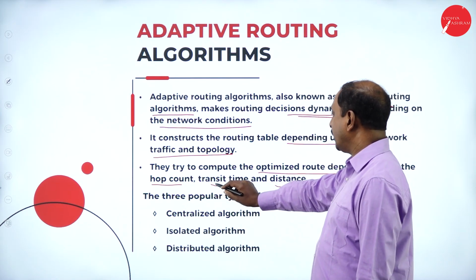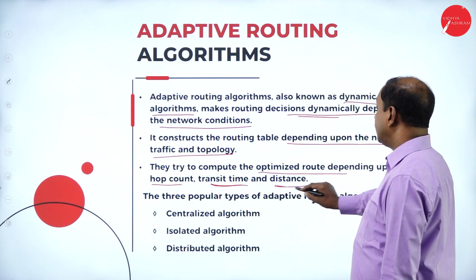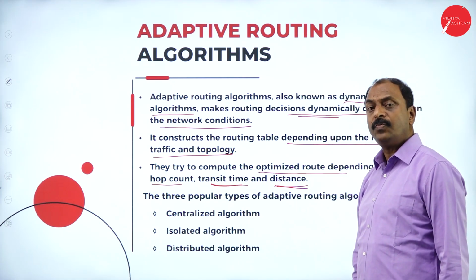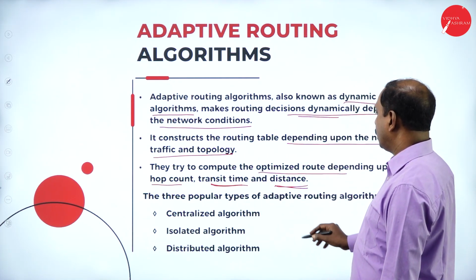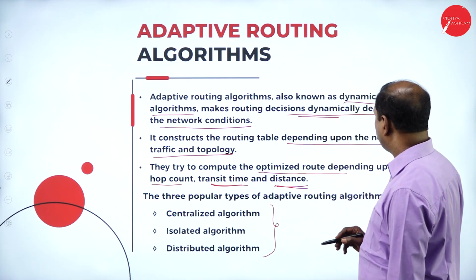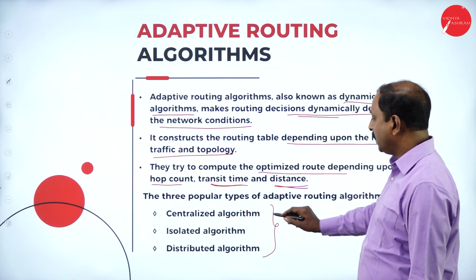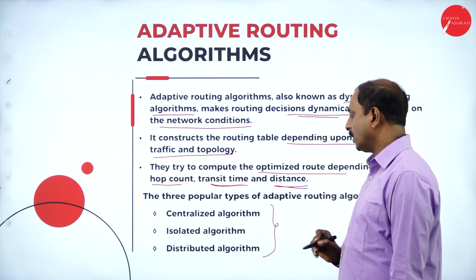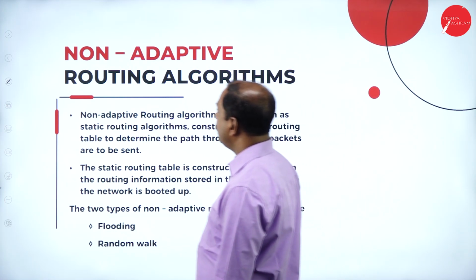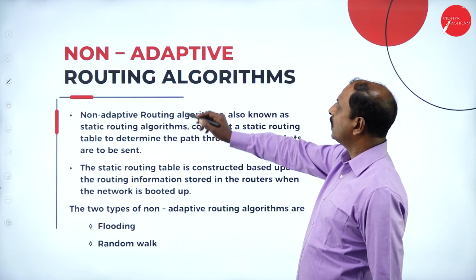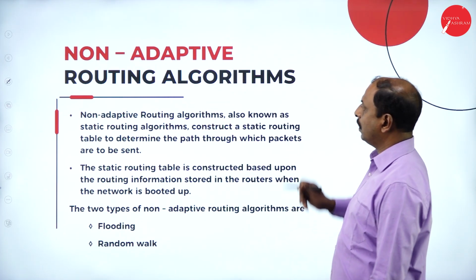The next one is transmit time, and also distance. Distance in terms of least cost path, what you have seen in the previous slide. There are three popular types of adaptive routing algorithm: centralized algorithm, isolated algorithm, and distributed algorithm.